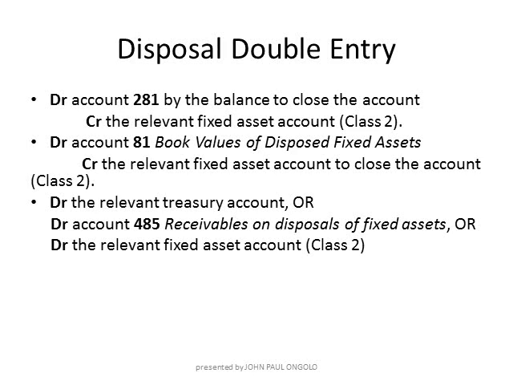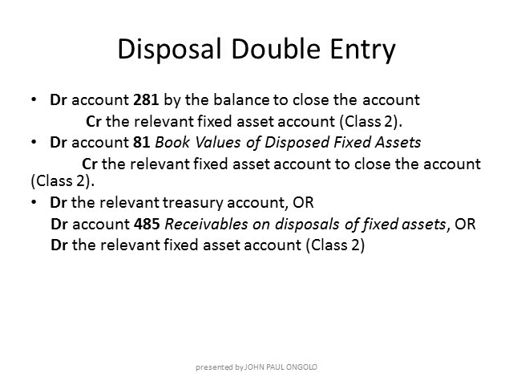In the case where the disposal involves a part exchange, in other words, we give out an old fixed asset to receive a new one, an exchange of fixed assets, we are going to debit the relevant fixed asset account, the fixed asset that we have received, which we are going to value at its fair value or at its market value.